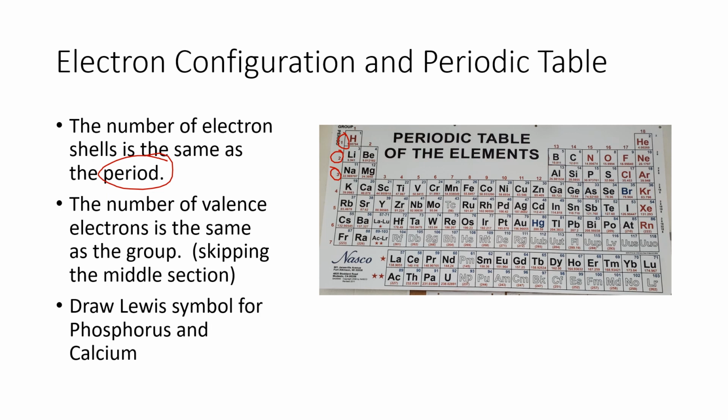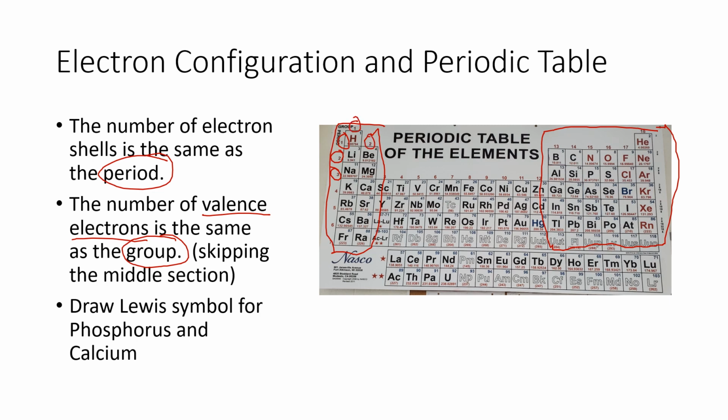The other feature is with the groups, and the groups are related to the number of valence electrons, at least for these 2 columns here. And if you skip the middle and do these other columns over here, the group number corresponds to how many valence electrons they have. And so the ones that we're going to use are going to be just in these 2 sections. And you can basically tell how many valence electrons there are by the group number.